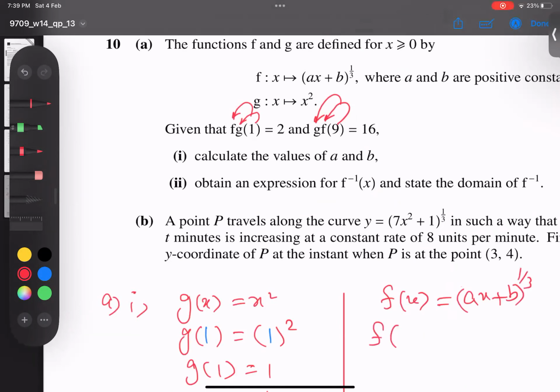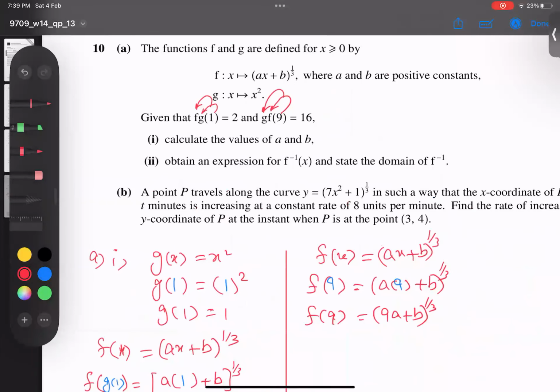How many x's? Empty spaces. I replace here 9 and here 9, because 9 goes in f. After that, f of 9 is equal to (9a + b) to power 1 over 3.